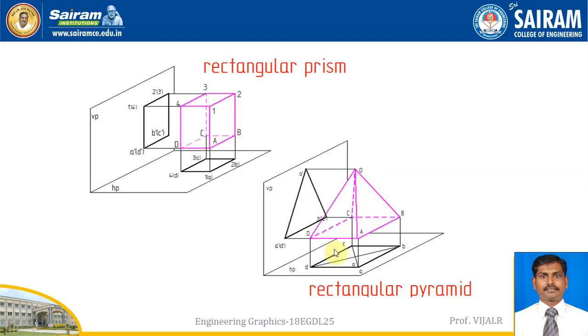So prism and pyramid, please be careful in a question paper while solving the problems, because we may misunderstand. There is a rectangular prism, but sometimes the question paper will give a rectangular pyramid. Students make some mistakes while drawing the initial position itself, then the total problem will be wrong.